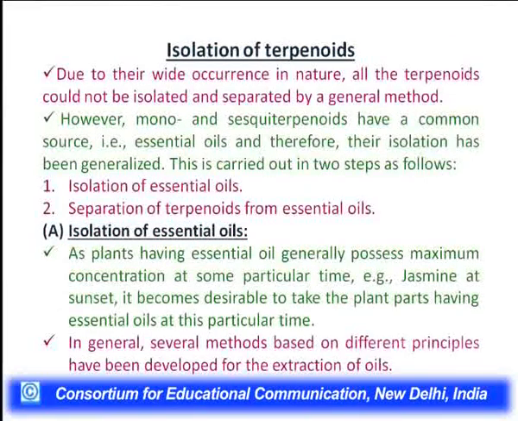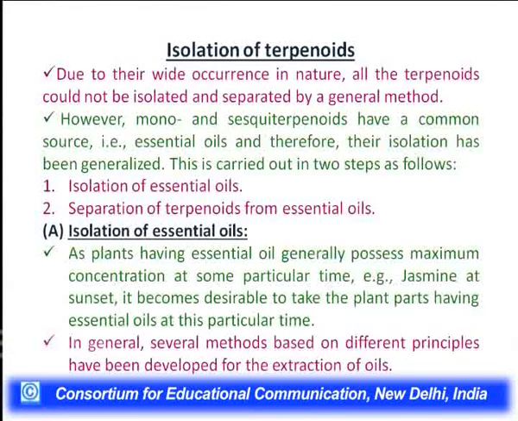Then comes the isolation of terpenoids, that is, how we will isolate these terpenoids from natural sources. Due to their wide occurrence in nature, all the terpenoids cannot be isolated and separated by a general method. So we have to use different kinds of strategies and methods for the different terpenoids.